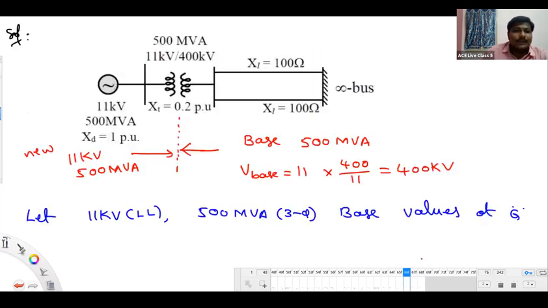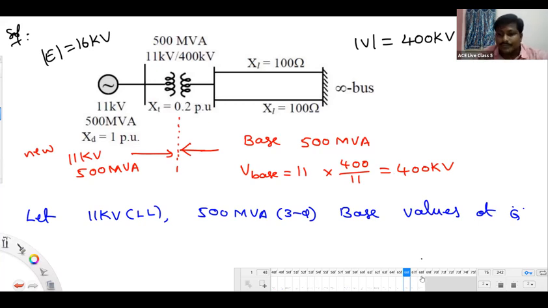Tell me please, mod E value given in the data is 16 kV. And what is the base here? 11 kV. Then what is the value of mod E per unit? 16 by 11. What is the infinite bus voltage mod V? 400 kV. What is the base value here? 400 kV. 400 by 400, 1 per unit.